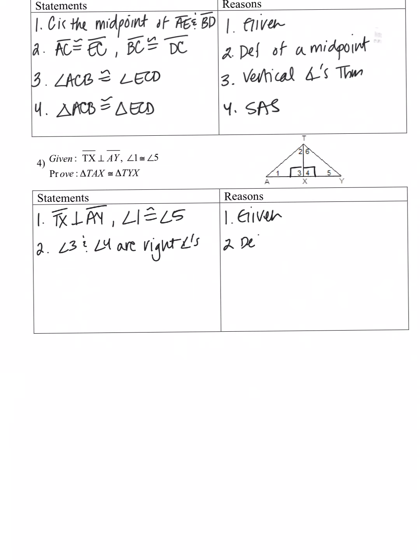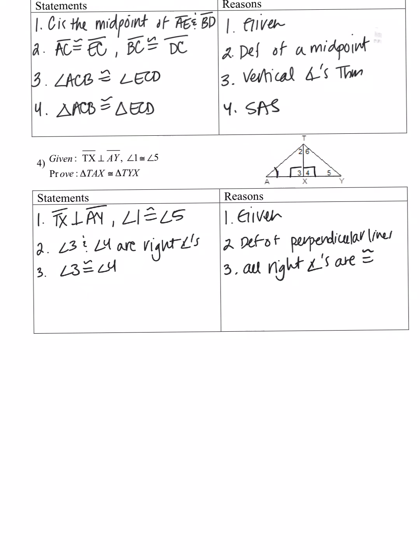And this is because of the definition of perpendicular lines. That's what perpendicular lines do. Well, if angle 3 and angle 4 are right angles, then they're also congruent. And if you look on your list of reasons, we have a reason there that says all right angles are congruent. So we can use that reason here.